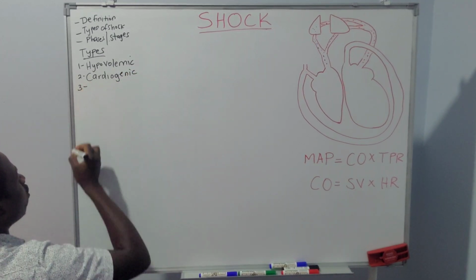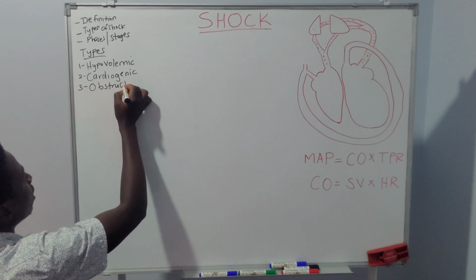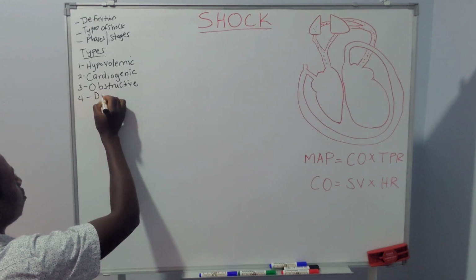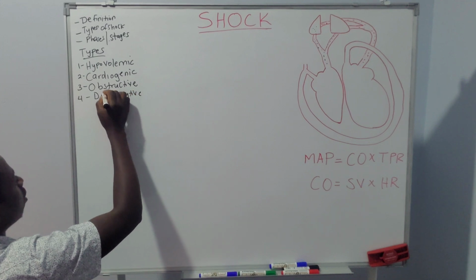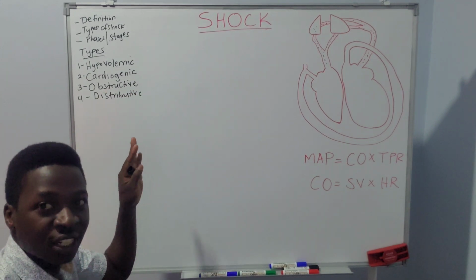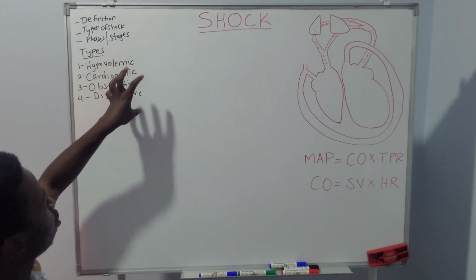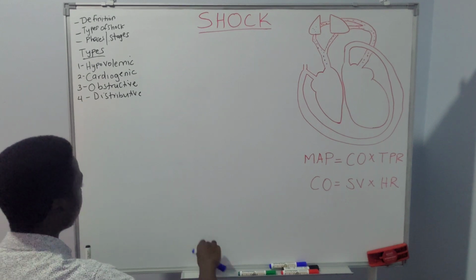And then 3, we have what we call obstructive shock. And then the 4th one is what we call distributive shock. So broadly, these are the 4 categories of shock, and this is how we classify shock. We're going to look at each of them in detail. So let's start with hypovolemic shock.